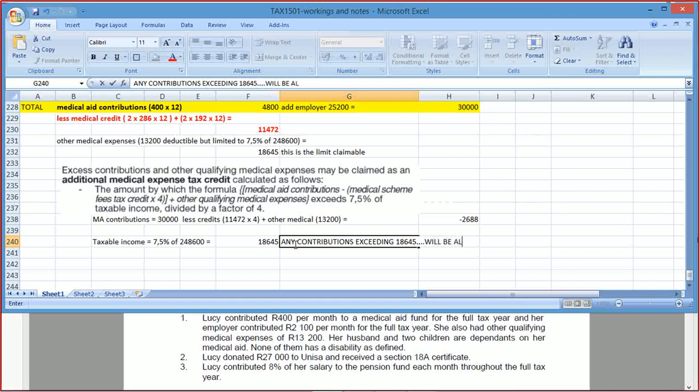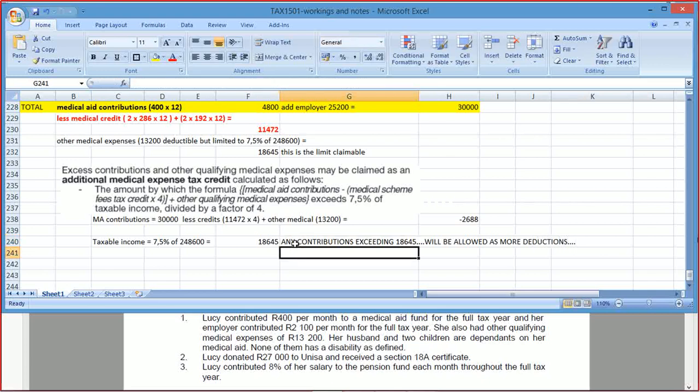So any contributions exceeding 18,645 will be allowed as additional deductions.